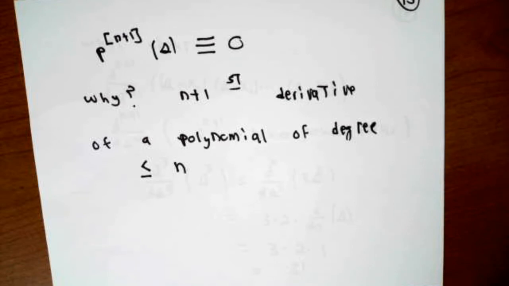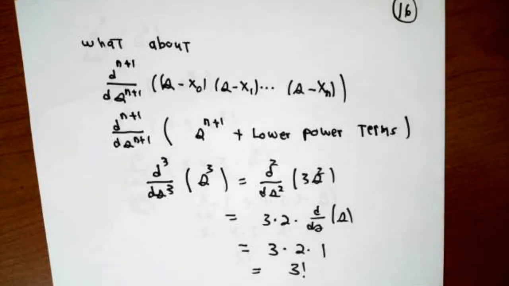P is a polynomial of degree no more than n, and I'm taking a derivative of order more than the degree of the polynomial, so I get 0 for an answer for that piece. There's a constant factor which at this moment is not of interest to me, but what about the n plus first derivative of these n plus 1 factors of s minus xi?